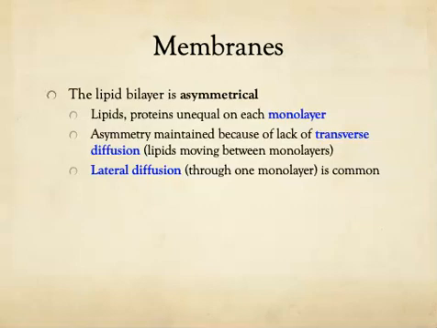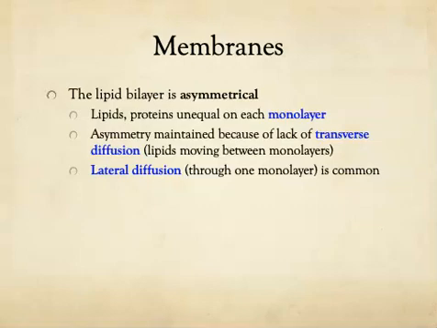We can talk about the outer monolayer, which is the part of the membrane that's facing the outside of the cell, and the inner monolayer that's facing the inside of the cell. The reason that they're asymmetrical has to do with the distribution of the different types of phospholipids and the different types of proteins. Each monolayer can have different compositions of these things.